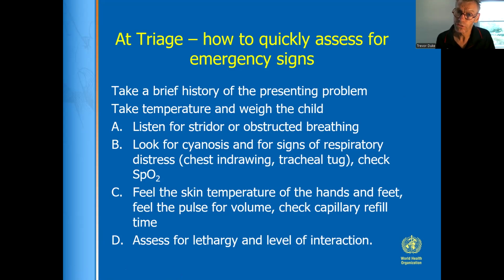And that's what you knew from the introduction I gave you. Take the temperature of the child and weigh the child. It's important to weigh the child because any medications that you might need to give will often be based on the weight of the child.